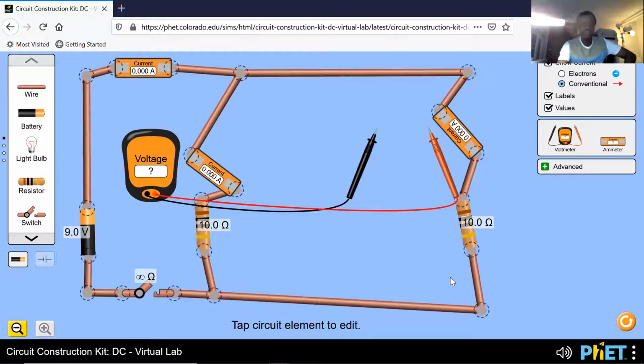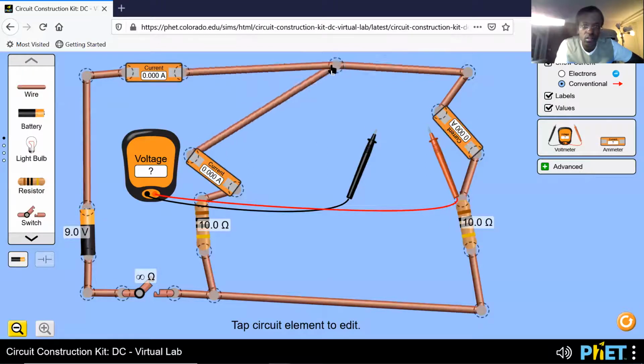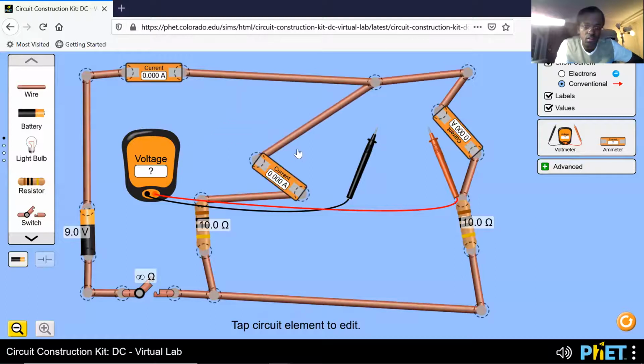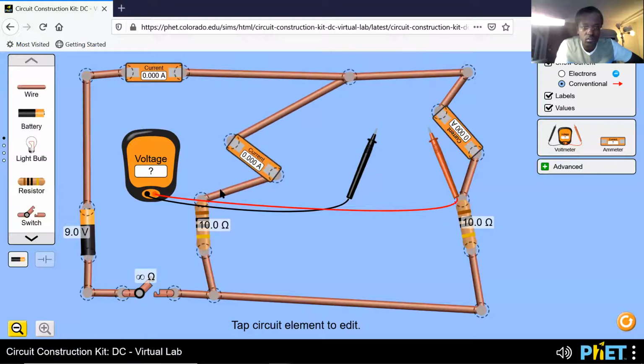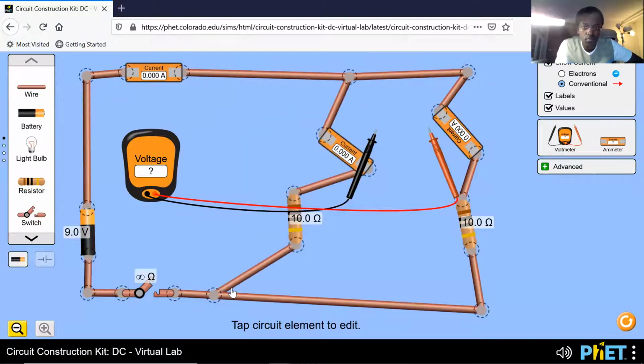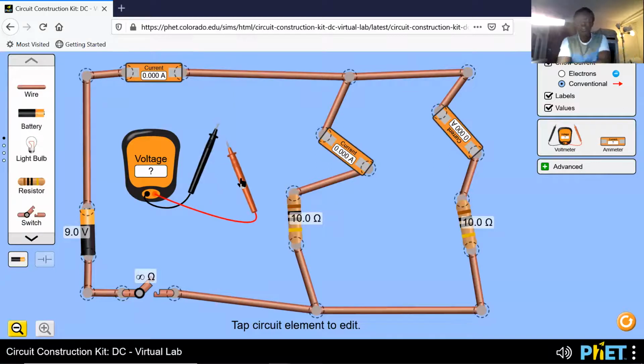Nice. Okay. Is it clear to everyone that this is this resistor? This is a parallel circuit. Nice. Okay. All right. Is it clear to everyone that these resistors are in parallel? They are, right? Now let me close the circuit.